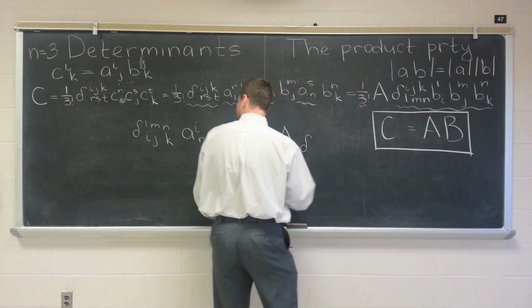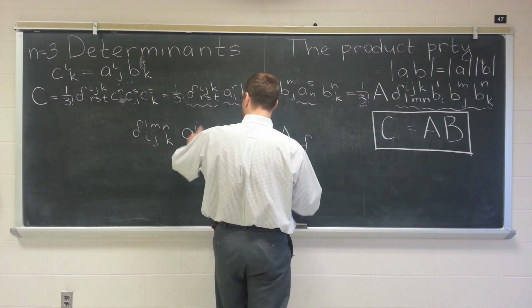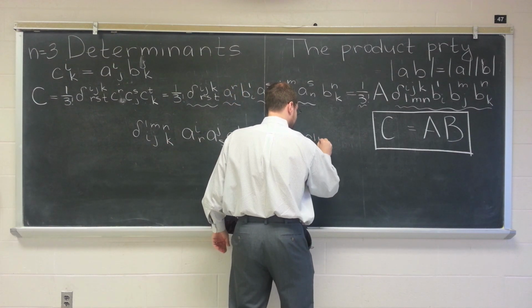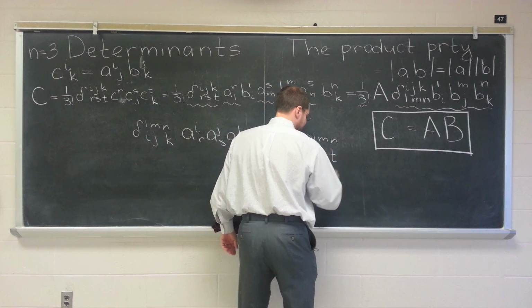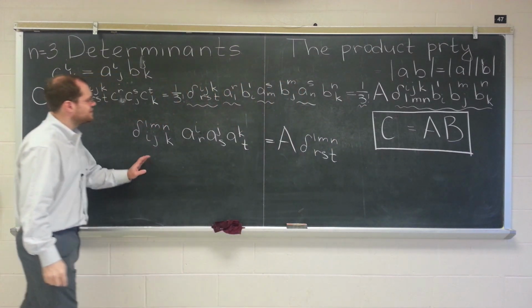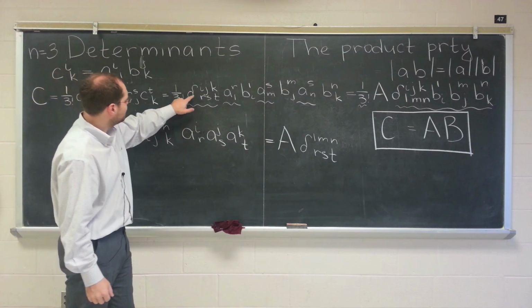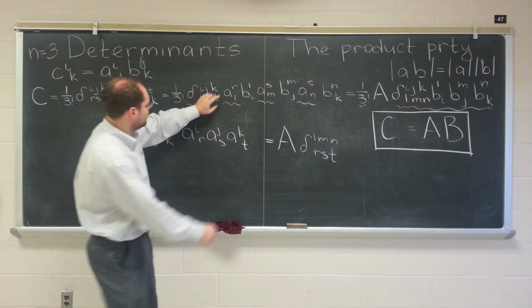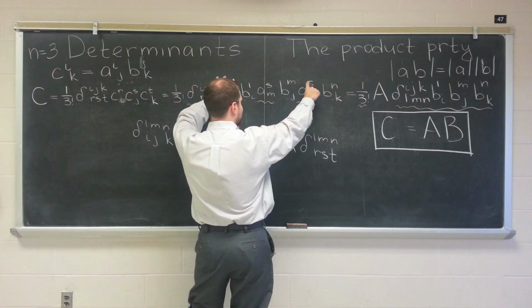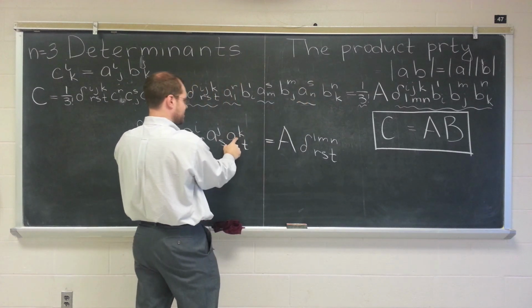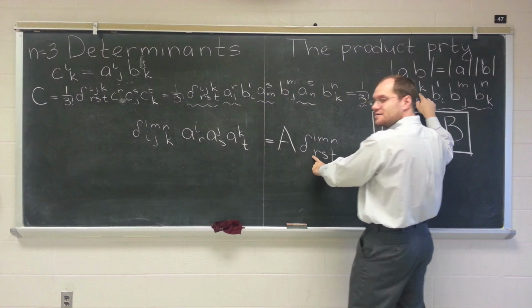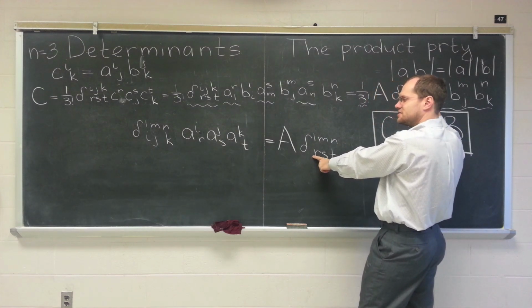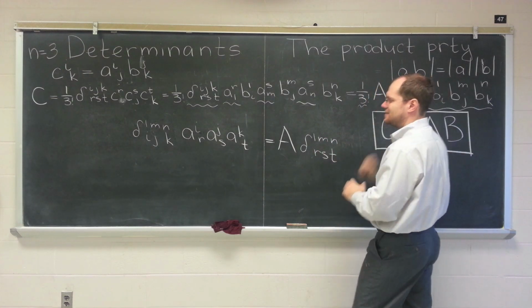Delta, let's see what's surviving. LMN RST. LMN RST. And that's precisely what I used above, even if the letters are a little bit different. Delta IJK RST times pick out the three A's. Right, that's what I did here. And the result is A times the corresponding delta system with properly chosen indices. So that's the identity that I used here.